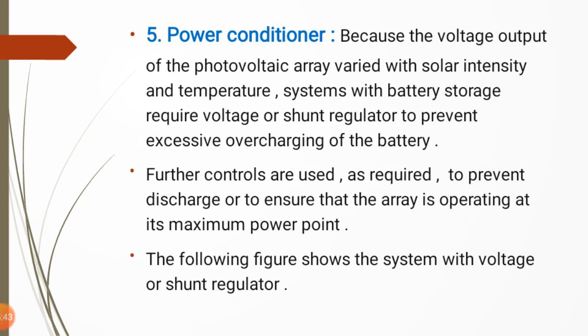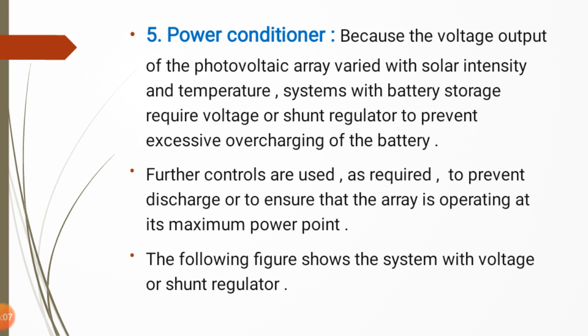In our circuit there is no voltage regulator, but we can also use a voltage regulator or shunt regulator to avoid excess overcharging of the battery. Further controls are used as required to prevent the discharge or to ensure that the array is operating at its maximum power point.